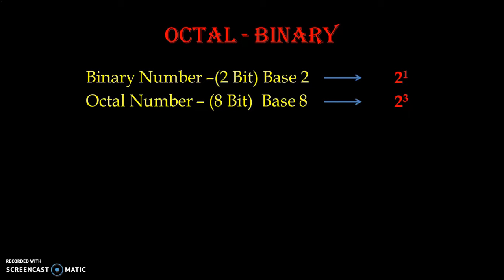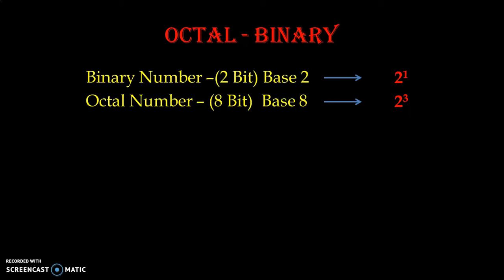This is just written for the sake of comparison. For binary the base is 2 raised to 1 and for octal it is 2 raised to 3. So the difference is 3. The octal base is heavier than binary by 3.